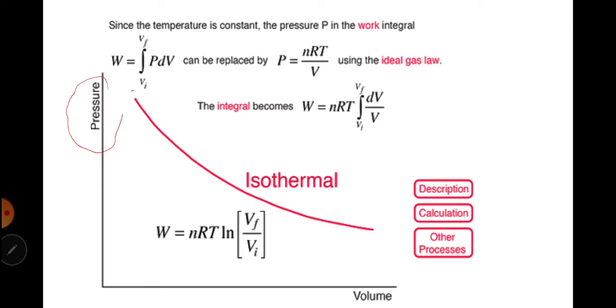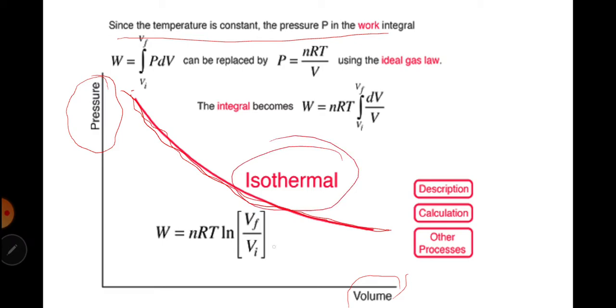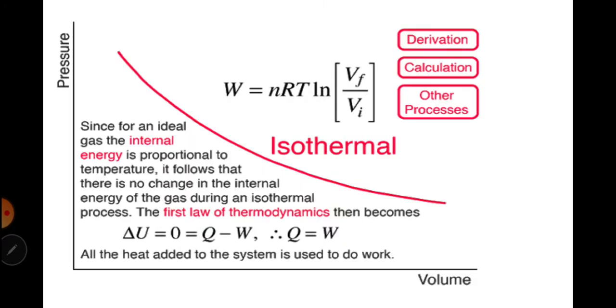When a graph is plotted between pressure and volume, when the temperature is constant, the graph is this line. This is the graph for isothermal between pressure and volume.